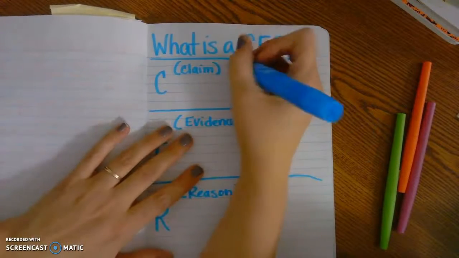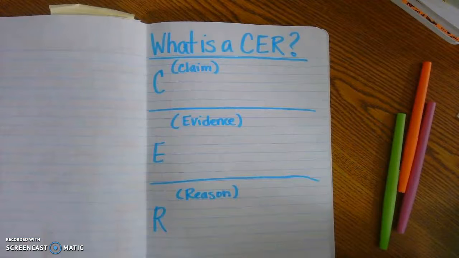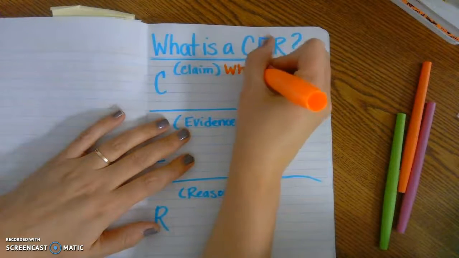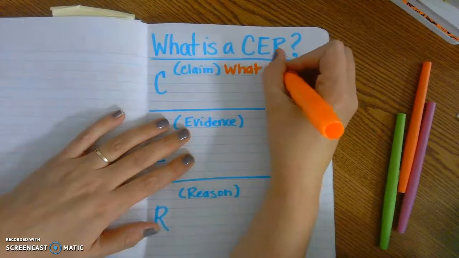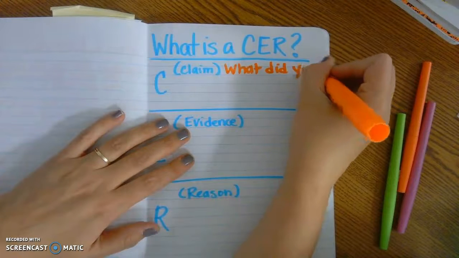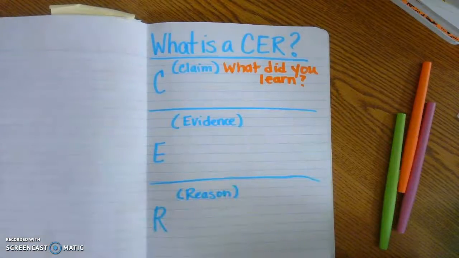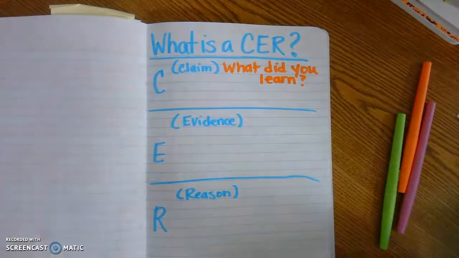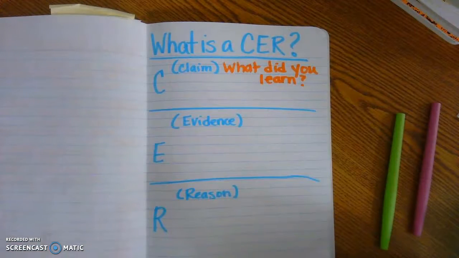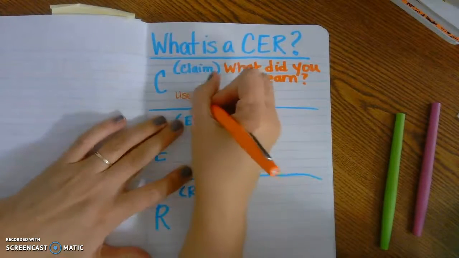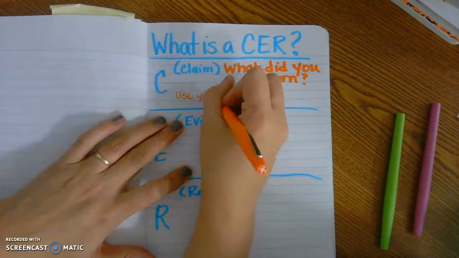The claim is going to be, I'm going to write this in a different color, just so it stands out: what did you learn? This is going to be where you tell me what you learned. So, you're going to use your hypothesis.